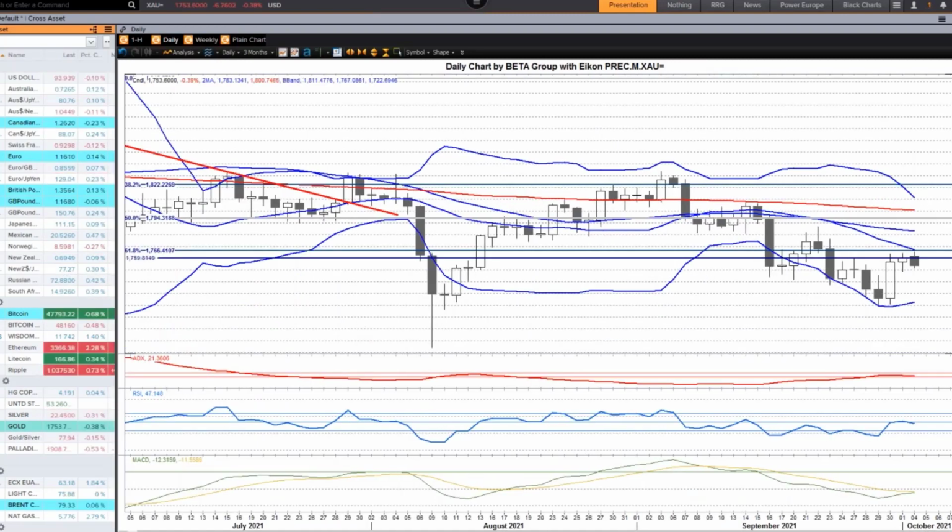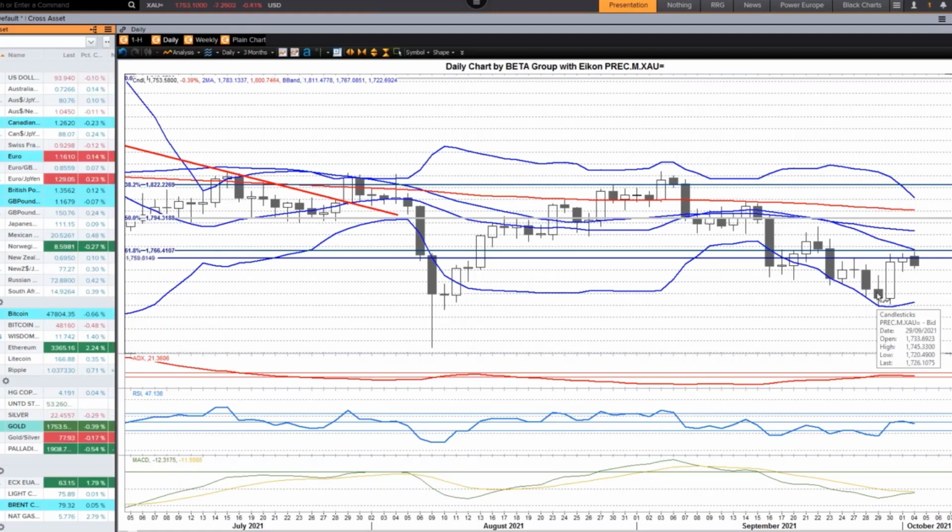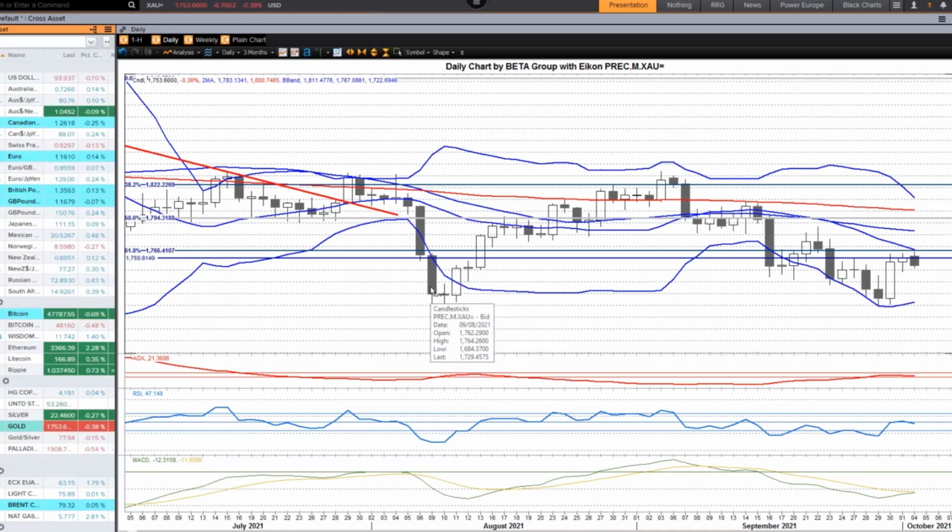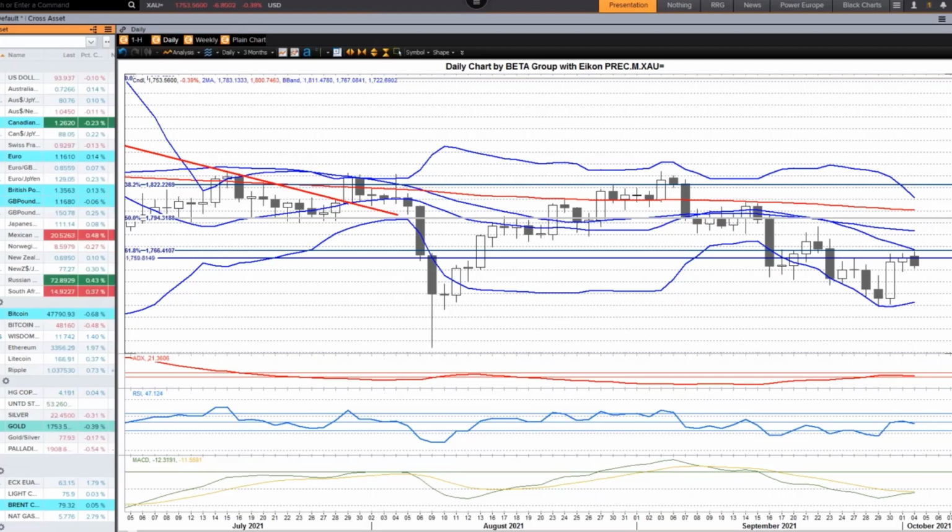The gold, lower highs intact here, lower lows intact. It has held and made a very important level at 1720. We've got the spike low down here at 1684. So we've got some lows in place, but an awful lot of resistance. Very hard for this to move up at the moment. It meets resistance after resistance.